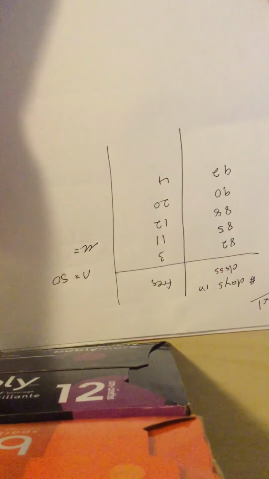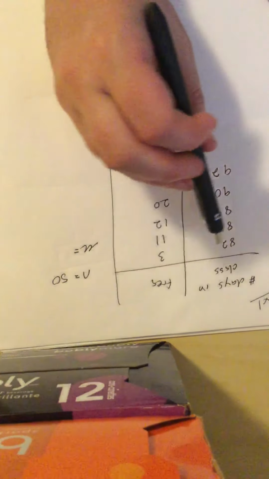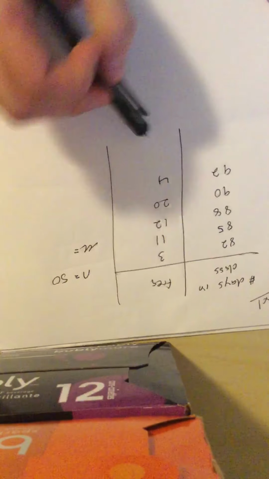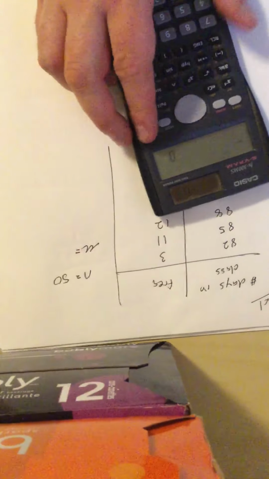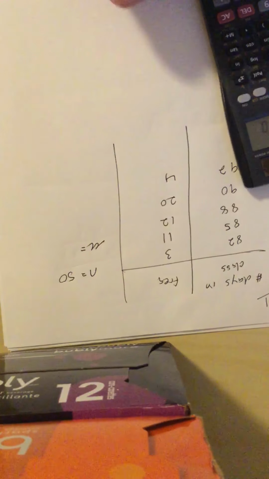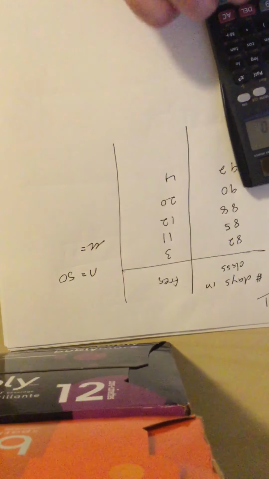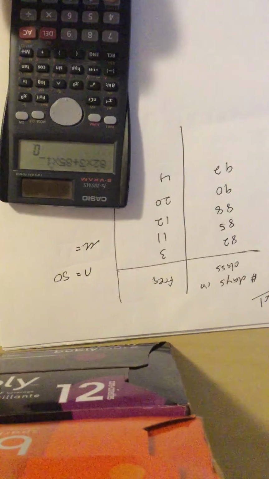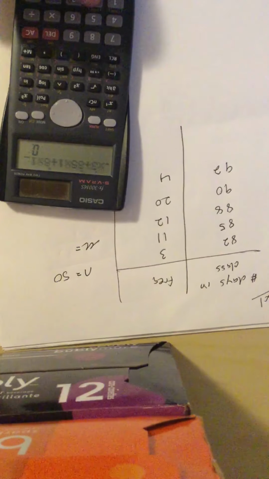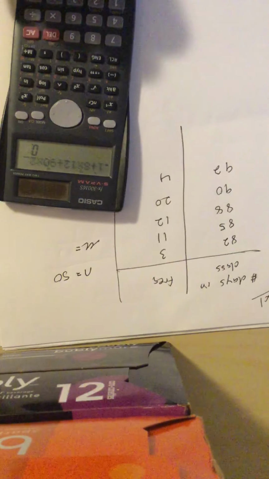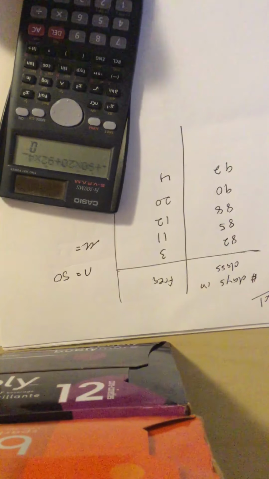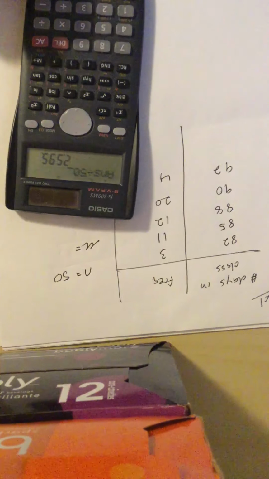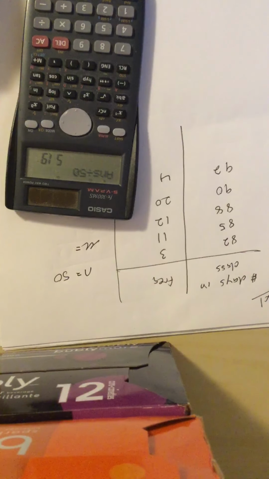Then we're going to have to find the mean. And the mean's not necessarily that easy. You may or may not recall the mean is going to be this times this, plus this times this, plus this times this, plus this times this, plus this times this, divided by the frequency, which is going to be 82 times 3 plus 85 times 11 plus 80 times 12 plus, divided by 50 is 51.